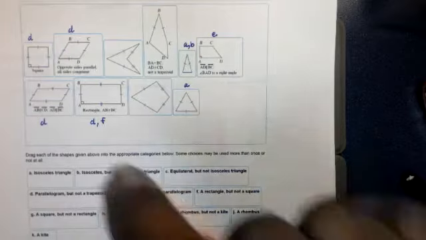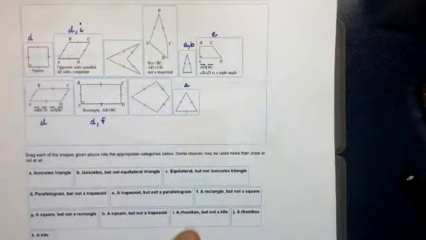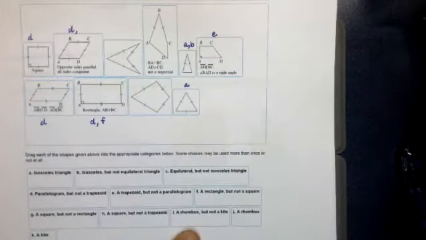Let's see, right here, that would be a rhombus but not a kite. So that would be under I. Well, I take that back. It wouldn't be. Actually, a rhombus is a kite.